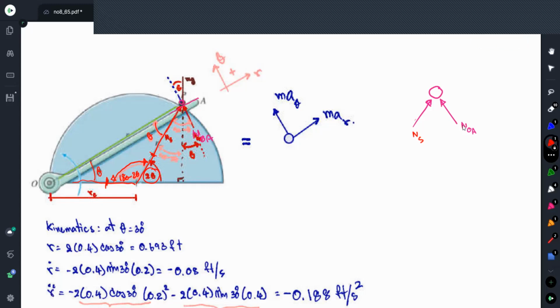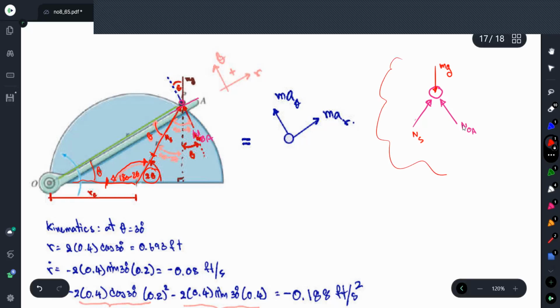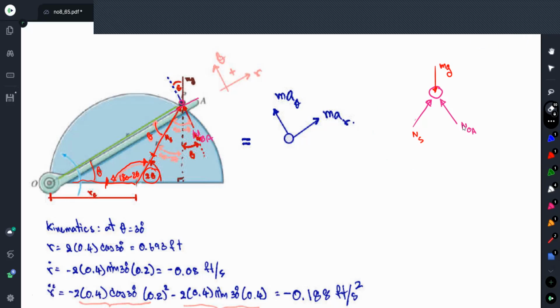When we consider the force mg here, actually this picture is the free body diagram, but it gives us nothing because it has no information about the angle to decompose the force in the r and theta directions.